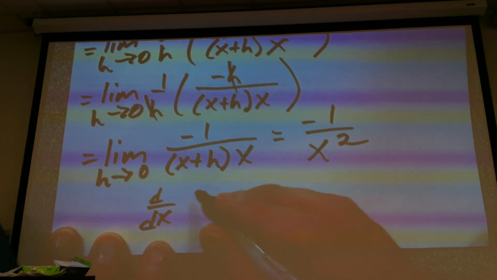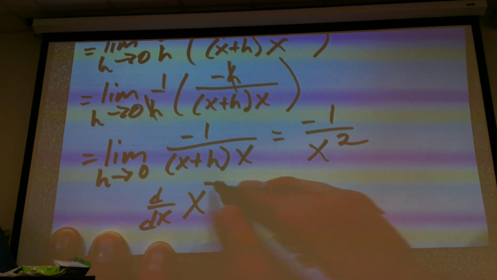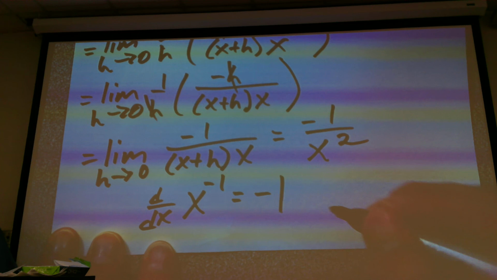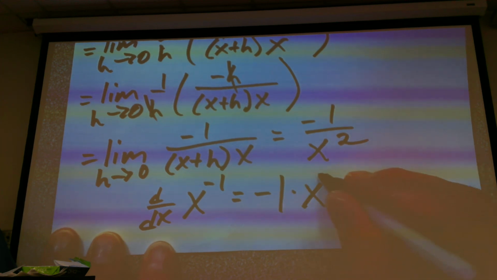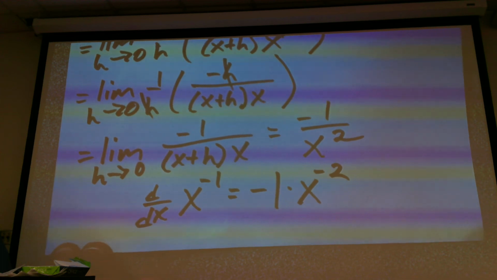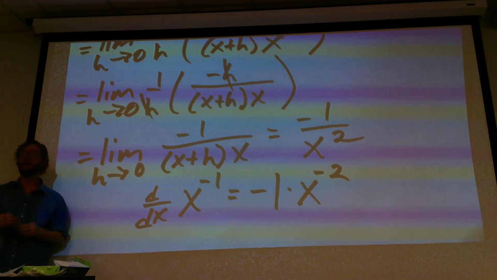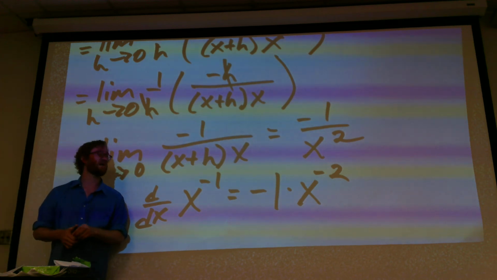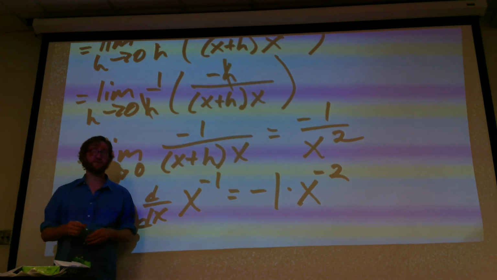The derivative with respect to x of x to the negative 1, what's it going to do? It's going to spit out a negative 1, and then negative 1 minus 1 would be negative 2. And that is the exact same thing as writing negative 1 divided by x squared, because if you have a negative exponent, it's going to throw it to the bottom of the fraction.